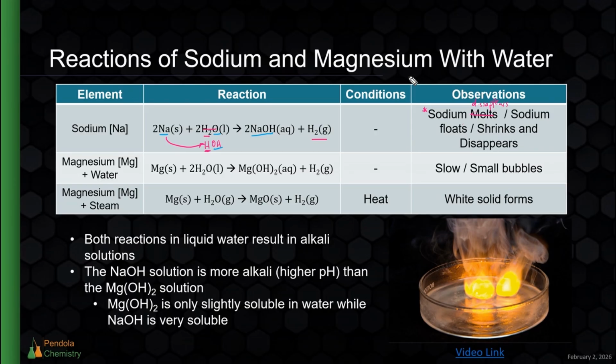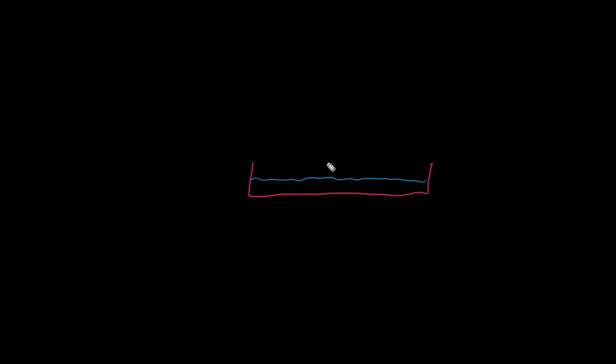So what happens here is that we have, and I'm going to draw a picture here, a very bad picture, a beaker or any kind of container full of water, and we pop a piece of sodium on this water.